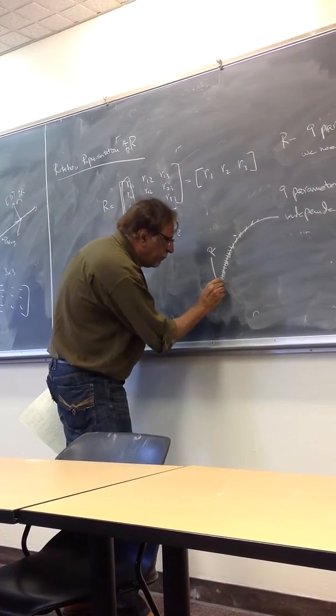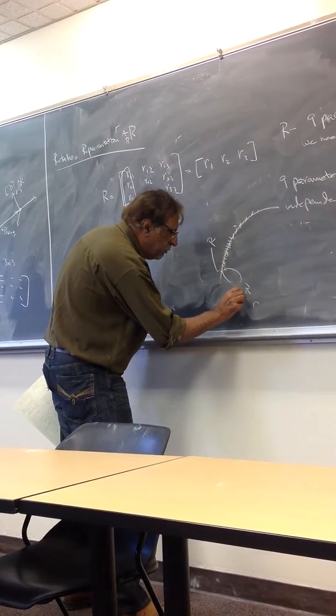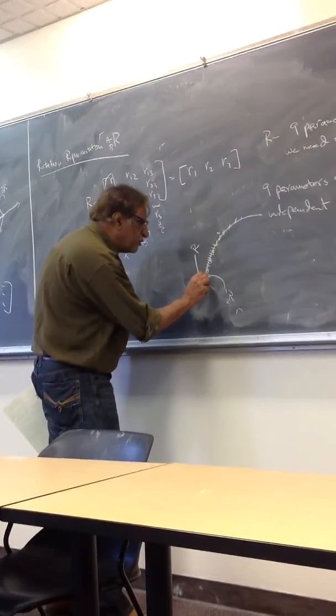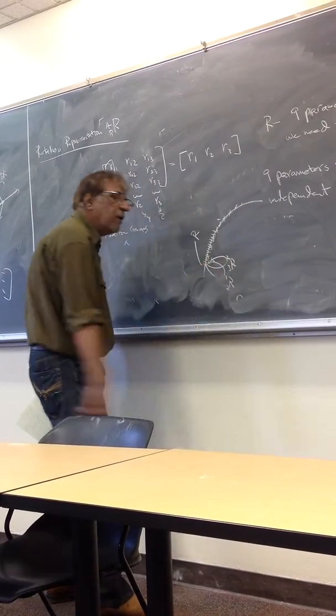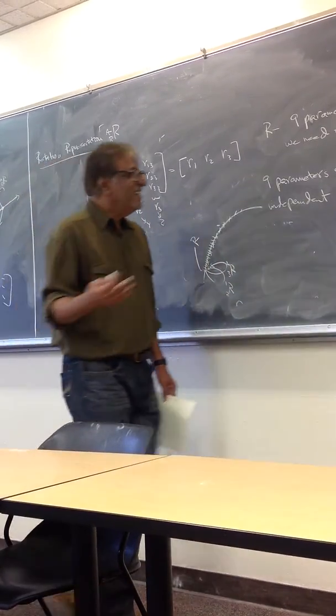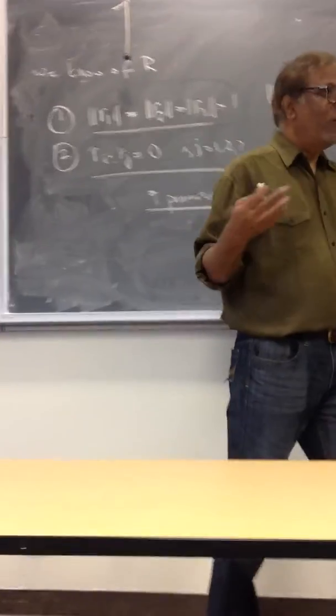You're going from one point to the other point, you'll have to solve R 2 to 1, for instance. Then you'll have to solve for another R 3 to 2, right?